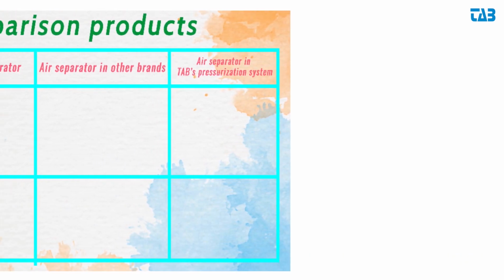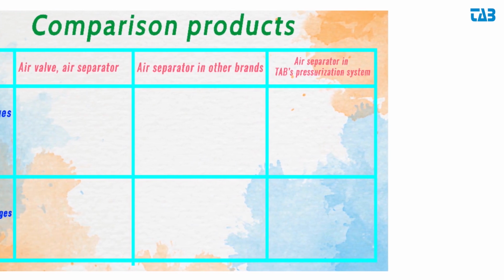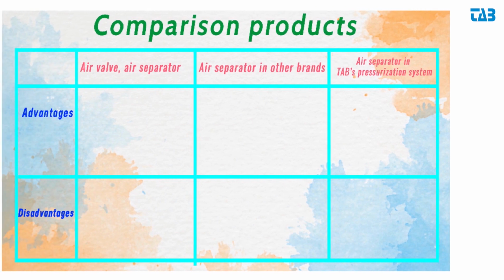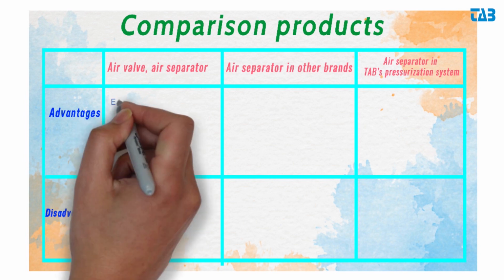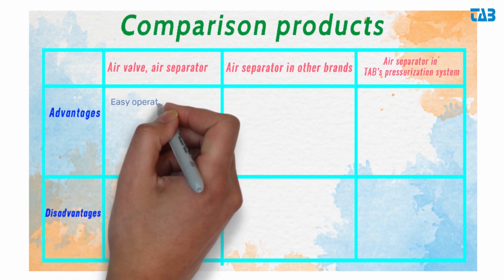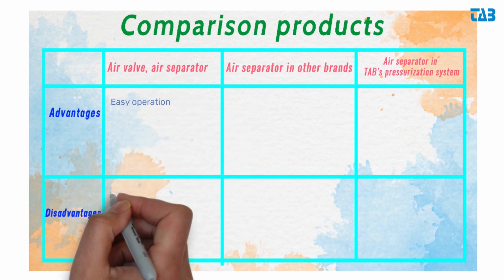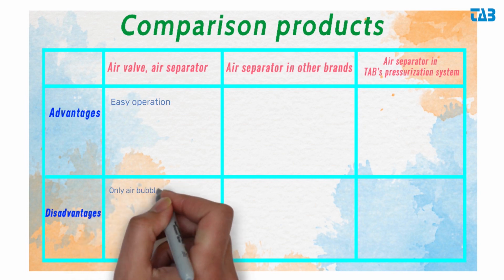And here are some comparisons between vacuum air separator technology and other air separator technologies. Air valve air separator, stop mid-flow air separator. Advantage: operates easily. Disadvantage: separates the air bubbles only.